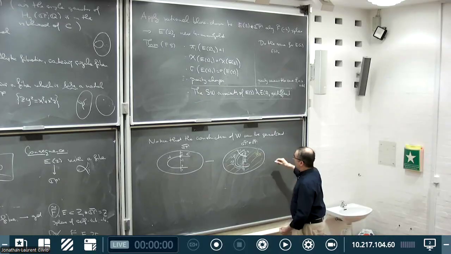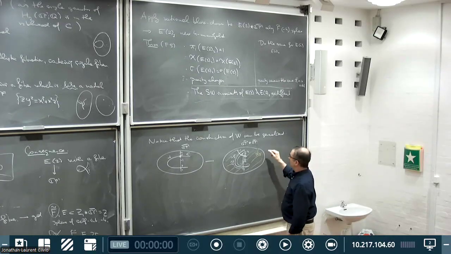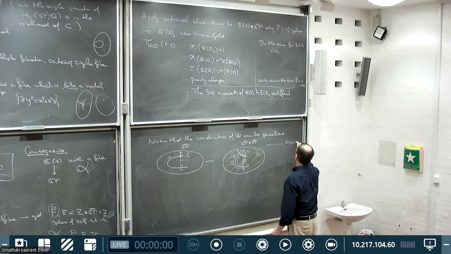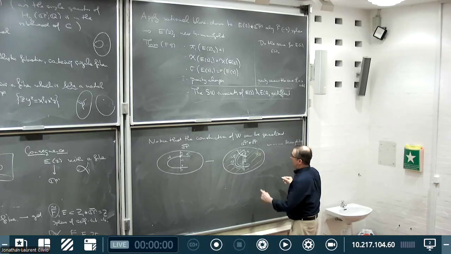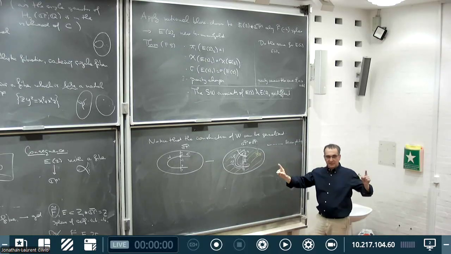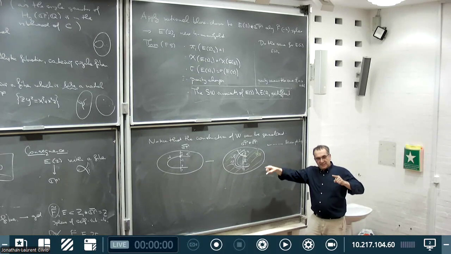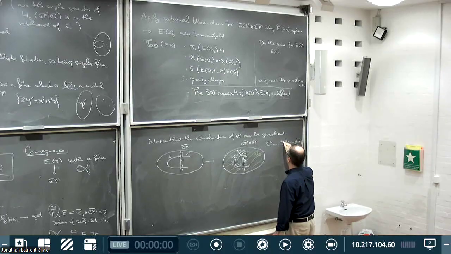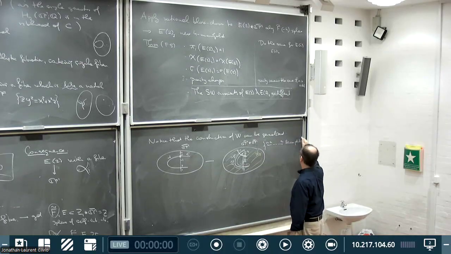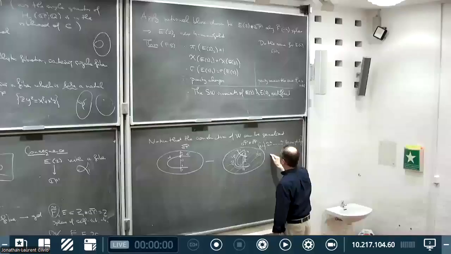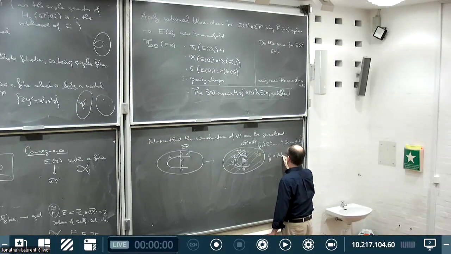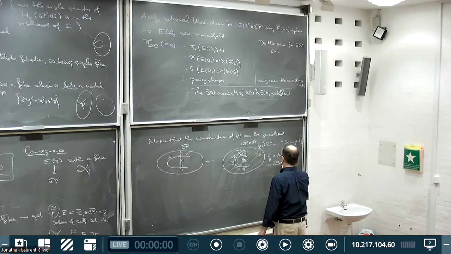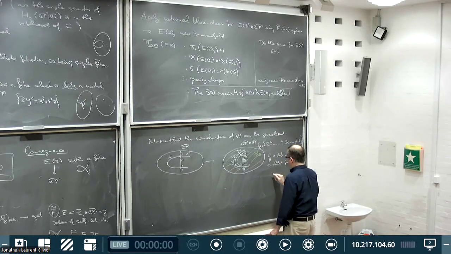In fact, we can create a family of linear plumbing graphs, by which I mean a sequence of spheres that intersect each other according to a chain with self intersections A1, A2 up to AN. A family G, and G is defined as the smallest family with two properties.